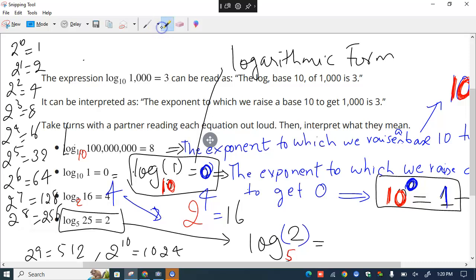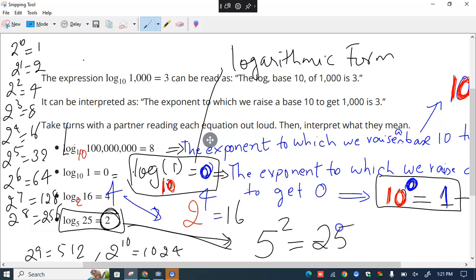Oh, sorry, they already gave us the log form, so I just have to write the exponential form. So this is the same as base 5 raised to 2 equals 25. And this is correct. So that's all it is.